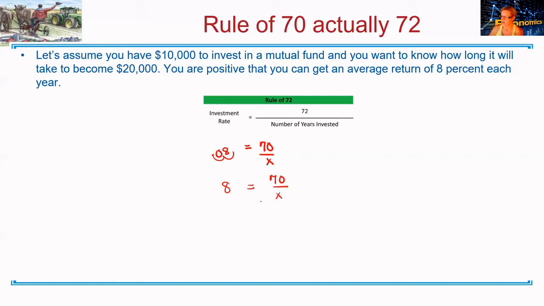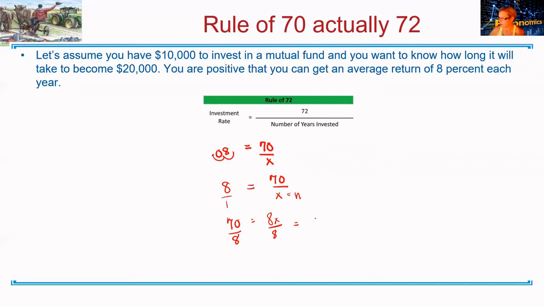Now, if I want to solve for X, which probably is better to call N, because that's our time periods, I can just simply cross multiply here. And I get 70 is equal to 8X. So if I divide each side by 8, 70 divided by 8, how about 8.75?